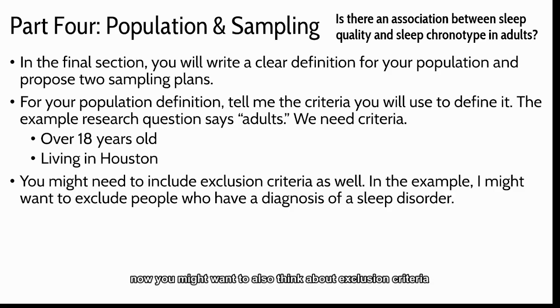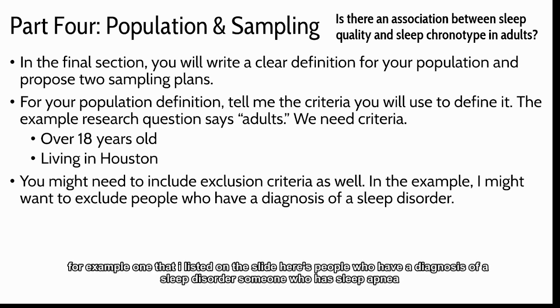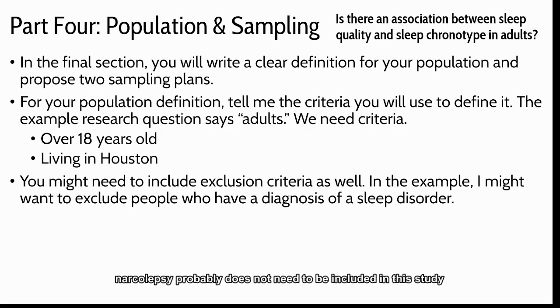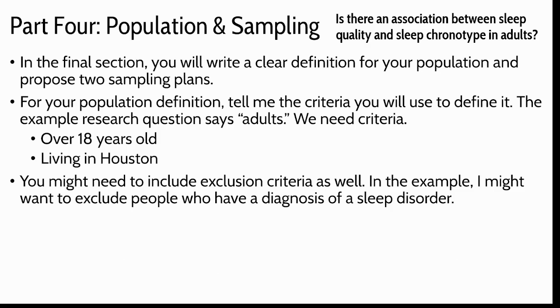Now, you might want to also think about exclusion criteria. This is a study about sleep quality and sleep chronotype. I probably want to exclude a couple of groups of people. For example, one that I listed on the slide here is people who have a diagnosis of a sleep disorder. Someone who has sleep apnea or narcolepsy probably does not need to be included in this study.